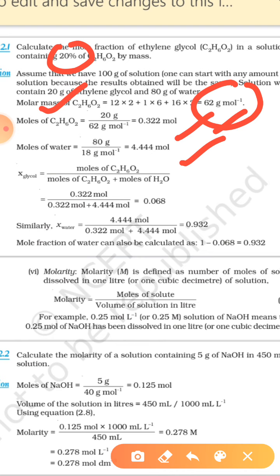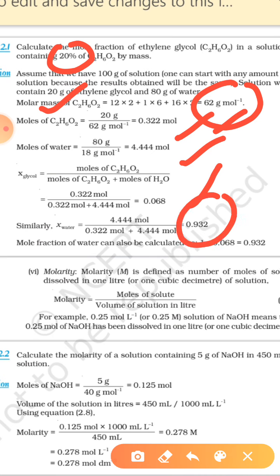Moles of C2H6O2 upon moles of C2H6O2 plus moles of H2O, means moles of first upon total moles is its mole fraction. Then the mole fraction of ethylene glycol is 0.068. Similarly for water, moles of water upon total moles is equal to 0.932.